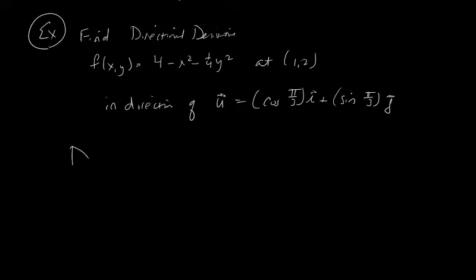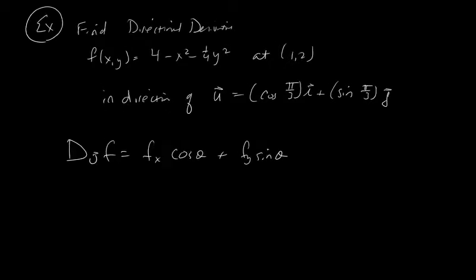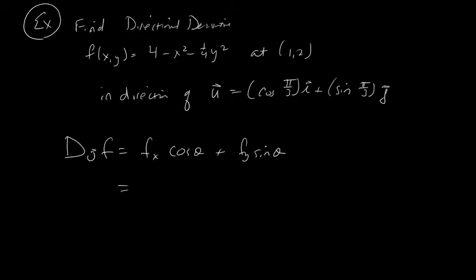All right, so we know that duff is equal to fx cosine theta plus fy sine theta. So that's equal to: fx is negative 2x times cosine of pi over 3 plus fy is negative 1/2 y times sine of pi over 3.